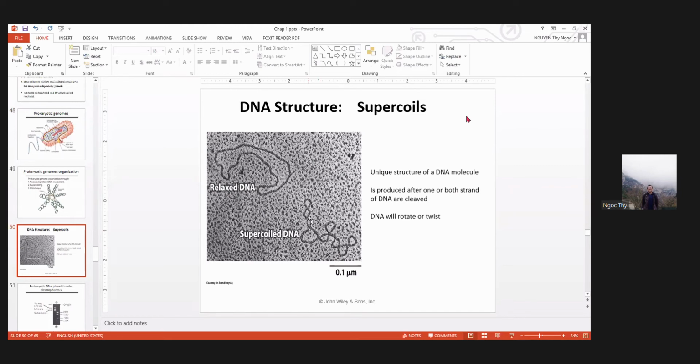But in the supercoiled state, no transcription factor or DNA polymerase complex can come and bind to the DNA to replicate or transcribe it, because those enzyme complexes need space to bind to the DNA. So they can only bind when the DNA molecule is in its most relaxed state.